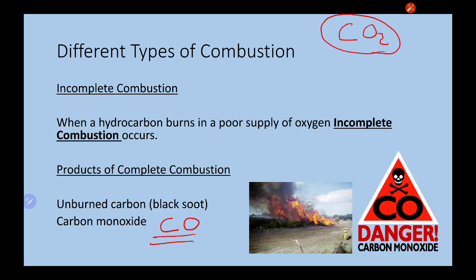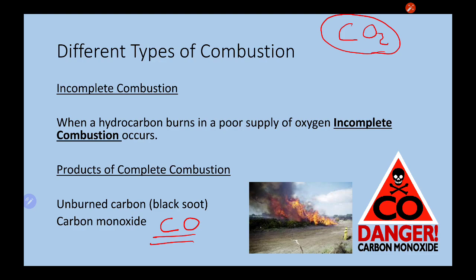You can't see it, you can't smell it, but you can die if there is too much of it being ingested, because what can happen is that the carbon monoxide will replace the oxygen in your blood. Okay, you cannot live without oxygen in your blood, and slowly it will start to suffocate you and you will die. So it's a very dangerous gas.